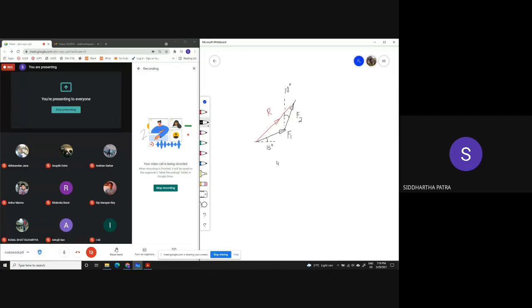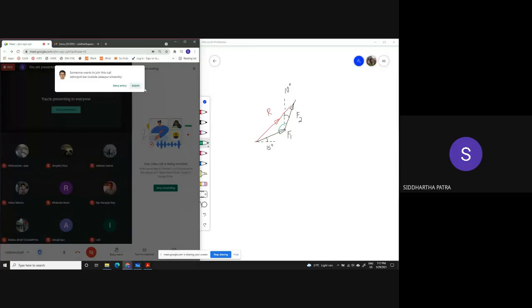So now can you tell me what are the angles? For example, how much is the angle between F1 and F2? 150. Sir, please show the diagram once. Okay, everything is here, right?